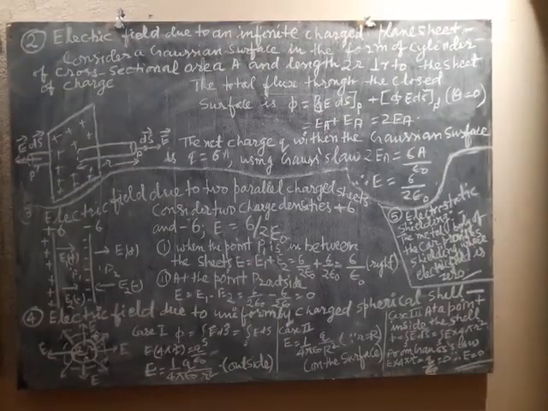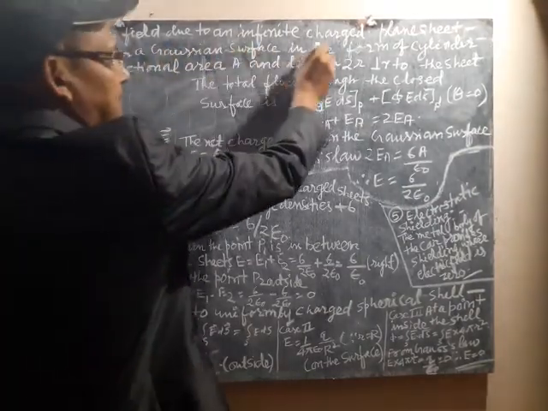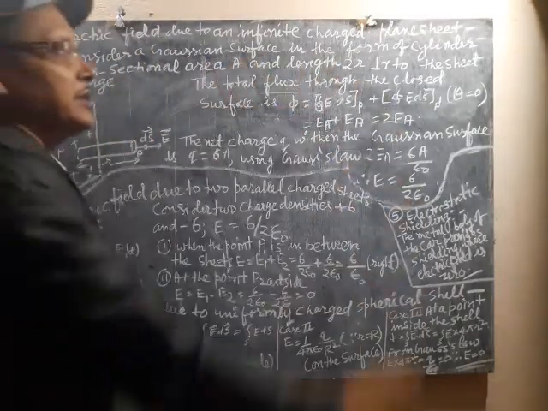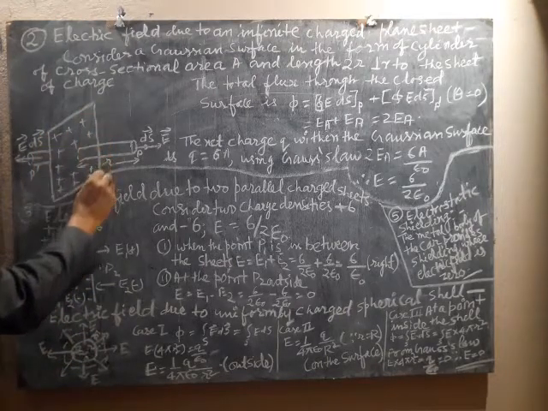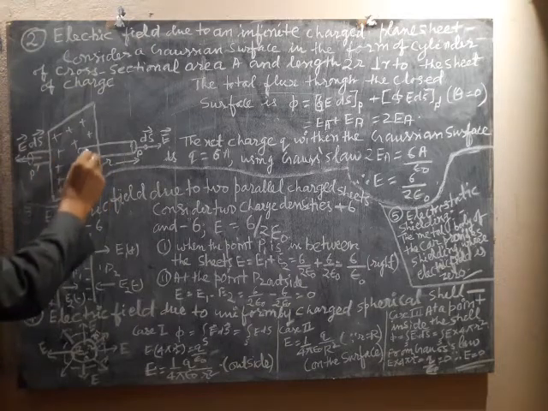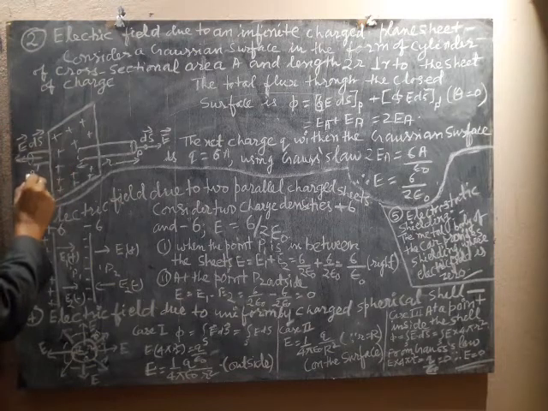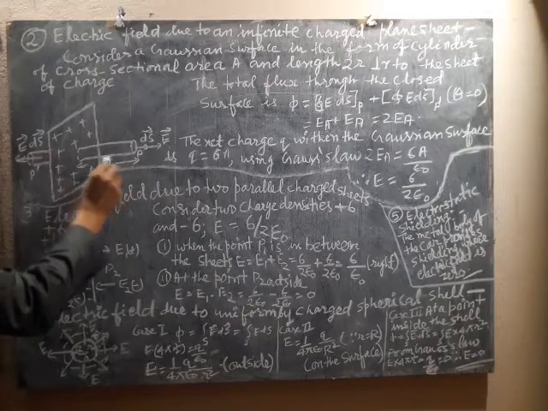Next thing we want to discuss is electric field due to an infinite charged plane sheet. Here there is a plus charge, and points P and P dash with E ds, and the distance from the sheet is r.